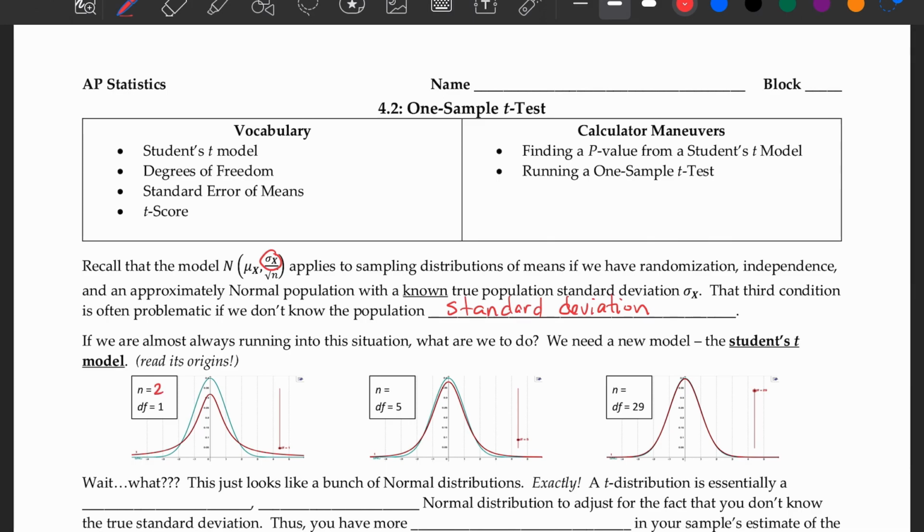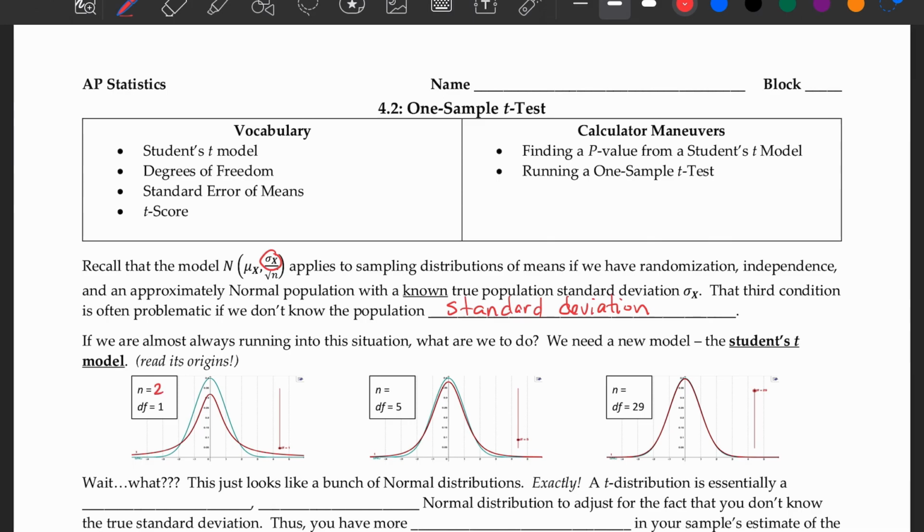We'll get into that a little bit more in a moment. A sample size of 2 is not a lot. We have really fat tails, is what they call it, actually. And it's a little bit shorter there to make up for that fat tail. It still has the same area under it, an area of 1 under this curve, just like the normal model. And because of those fatter tails, it's just a little bit shrunkified.